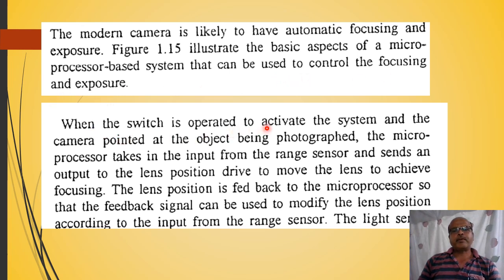When the switch is closed to activate the system and the camera is pointed at the object being photographed, the microprocessor takes in the input from the range sensor and sends output to the lens position drive to move the lens to achieve focusing. The lens position is fed back to the microprocessor so that the feedback signal can be used to modify the lens position according to the input from the range sensor.